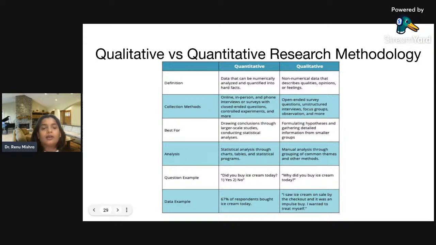Now, for example, the data you come across in quantitative research will represent numbers, percentages, rankings, categories. That so and so percentage of the respondents believe in using AI, so and so percentage of respondents are posing challenges in AI.